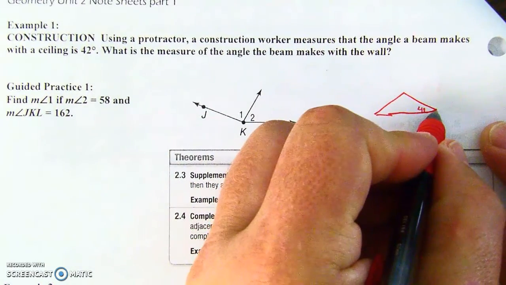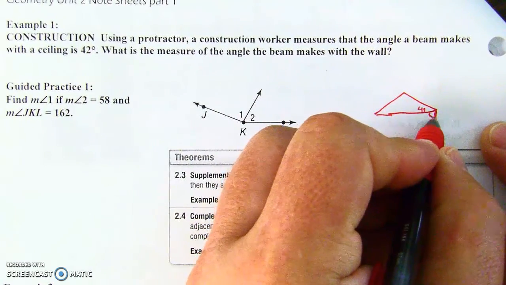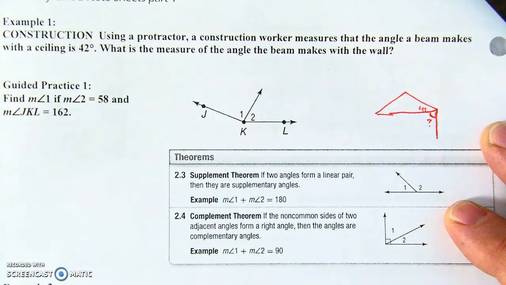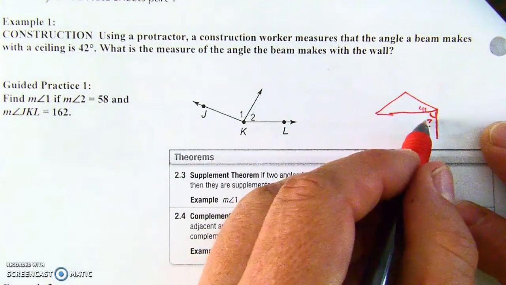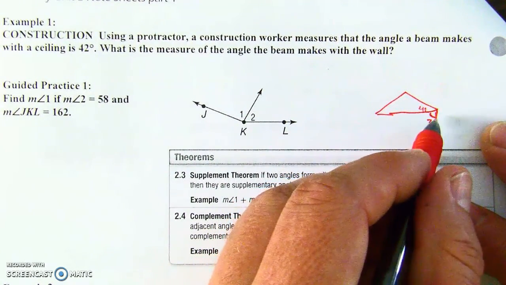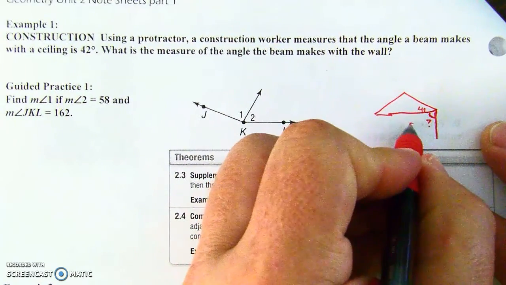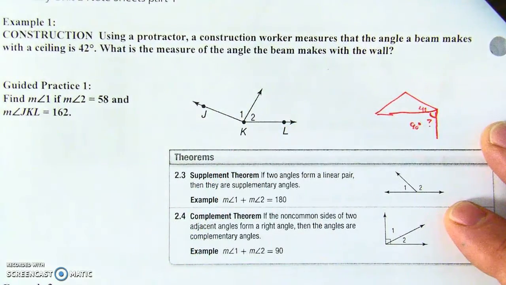That's what they're asking for. In most cases, we know the beam to the wall is usually a 90-degree angle, so I'm going to say that this is 90 degrees there.